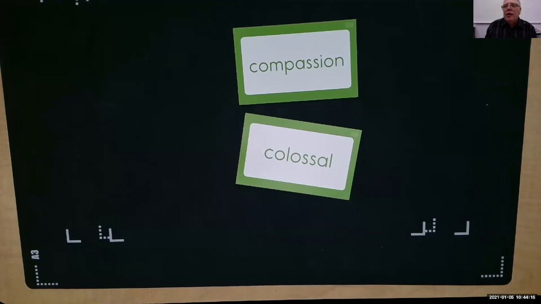We have vocabulary words for you to do. Vocabulary list 7, they've been shared with you. We also have a quick writing assignment that goes with the reading.